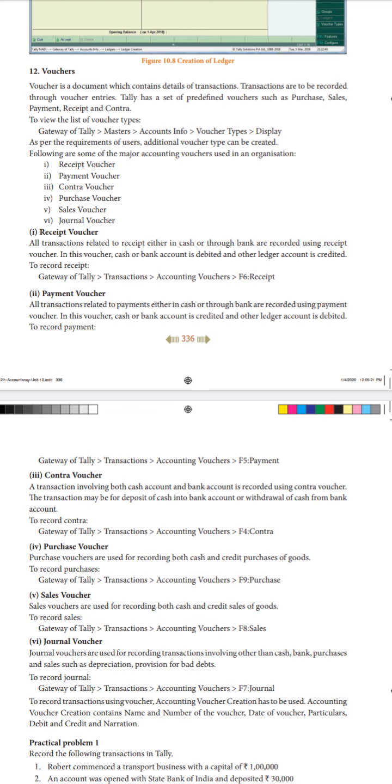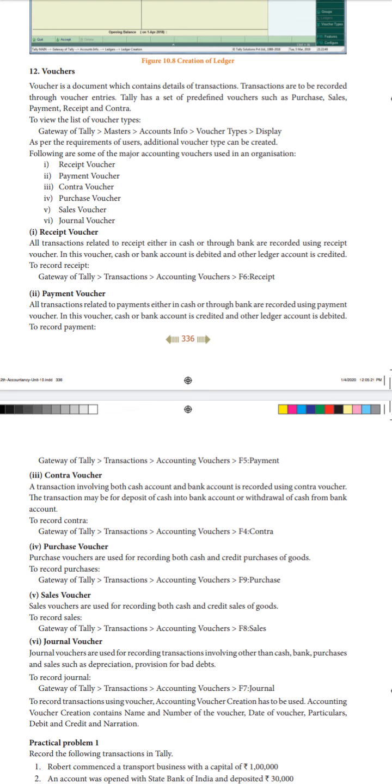Also, the major accounting vouchers used in organizations are receipt voucher, payment voucher, contra voucher, purchase, sales, and journal voucher. Okay, so let's see each and every topic now.